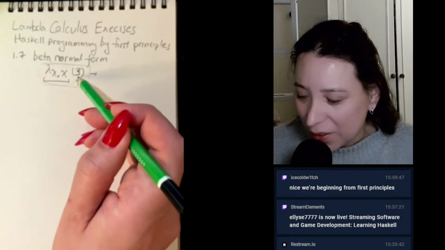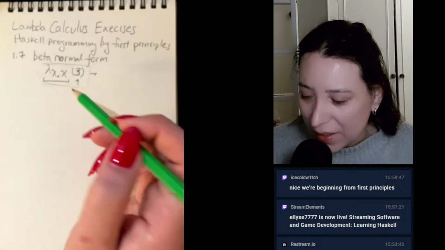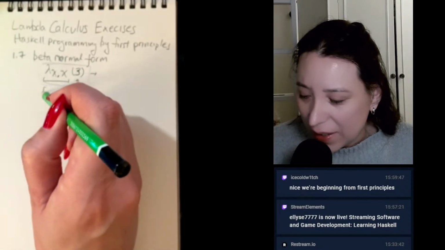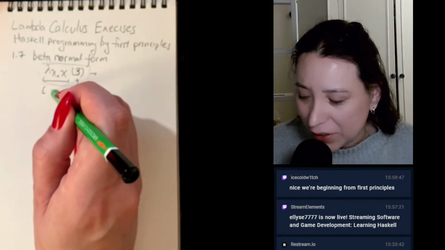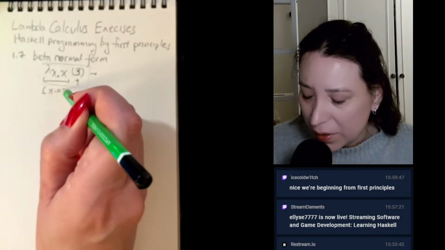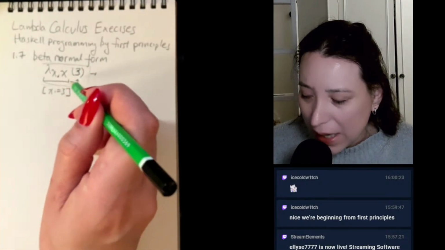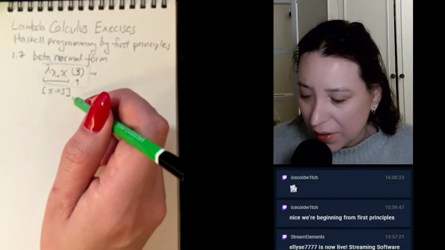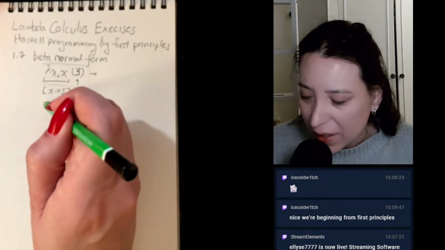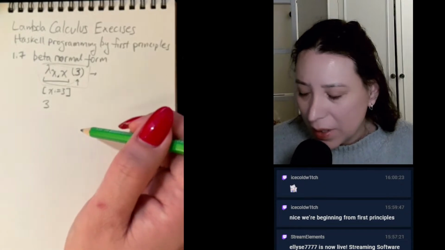And so you substitute 3 into the head and you evaluate it. This is a super simple expression because it's the identity expression, but we do x is equal to 3. And then obviously we look in the body and we substitute all the x's we see with 3, and we just have 3. And so now we're in beta normal form.